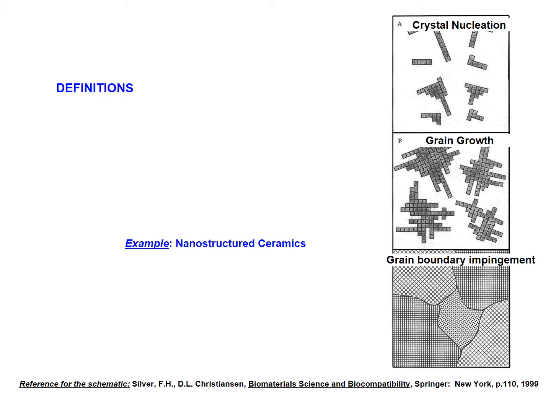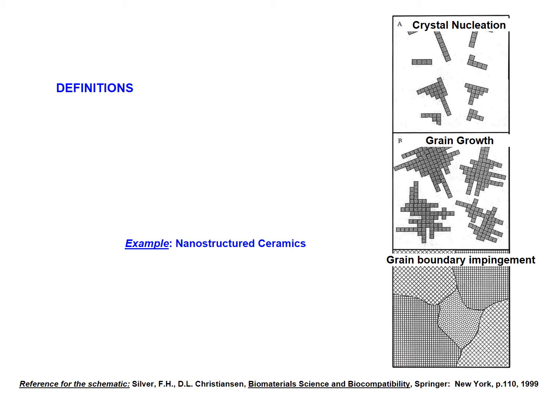A very important and new aspect regarding nanostructural materials is that of the specific dimension, which sometimes is also referred to as atomic domain or grain size. An illustration which I hope will help us visualize this particular process is that of nanostructured ceramics.